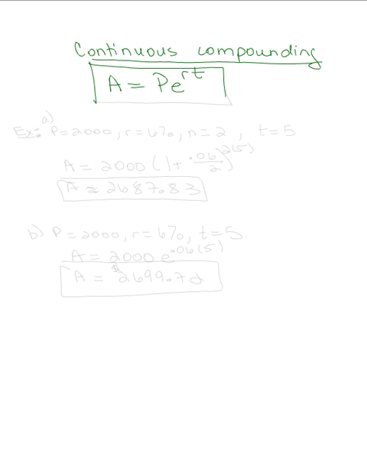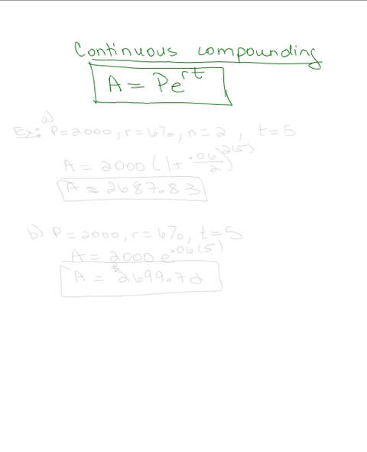The other variables are exactly the same as in the other formula, but notice we don't have it being compounded monthly or twice a year. It's all the time, and it makes a difference in the amount of money that you'll have in the end.